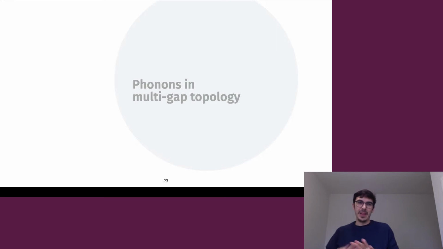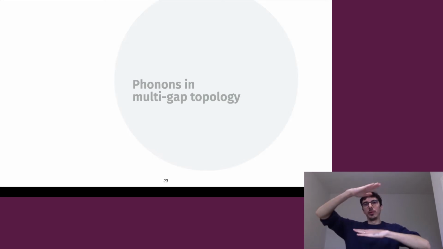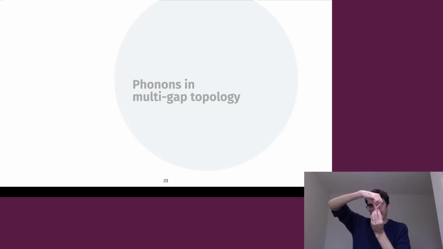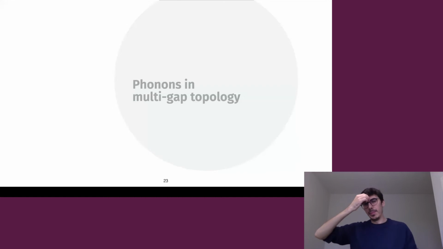And in this context, I'm now going to call this stuff I've been talking about single gap topology. So single gap by the fact that you have two bands and a gap in the middle, or two bands that touch just at a single point in the middle. And for that reason, I call it single gap.